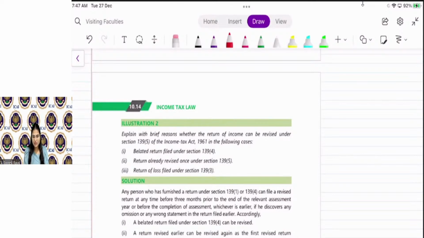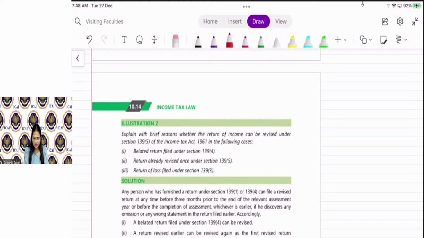Everyone clear up till now? Chalo, illustration 2.